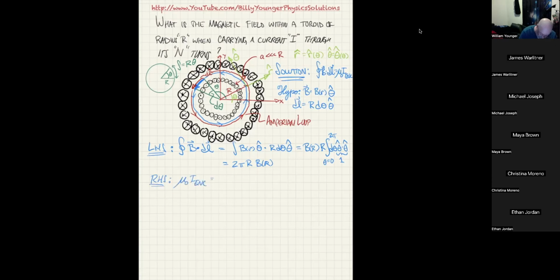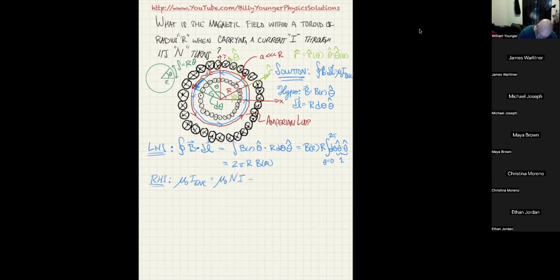Notice that if I put my right fingers down in the direction that the path is oriented, then all the currents inside point out of the page, which is the same direction as my right thumb is pointing. So all those currents are in fact positive. And the problem told us that there were N loops of wire. So all I have to write for this side is just mu 0 capital N times I.